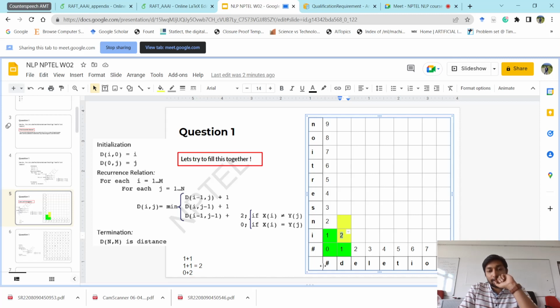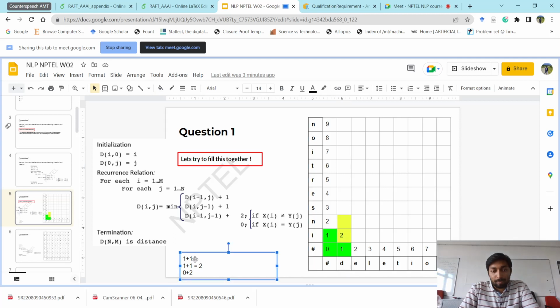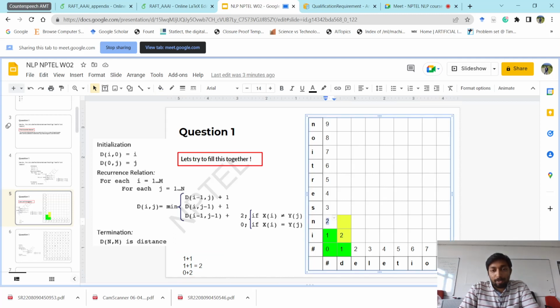In this direction it is i, in this direction is j. Is it 3? Yeah. So basically you have to take this cell, the 2. So it will be 2 plus 1. Yes, sir. And similarly, if you do for this cell, it will be again 2 plus 1. And finally for this cell.